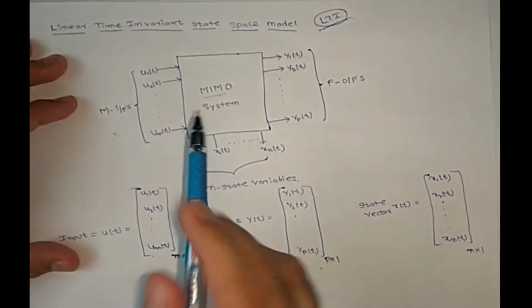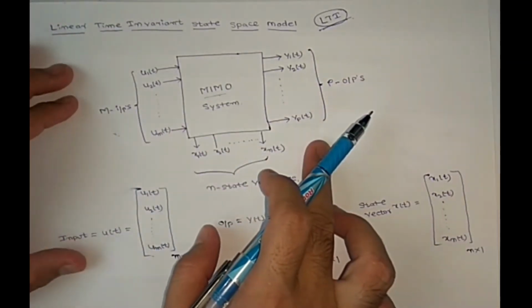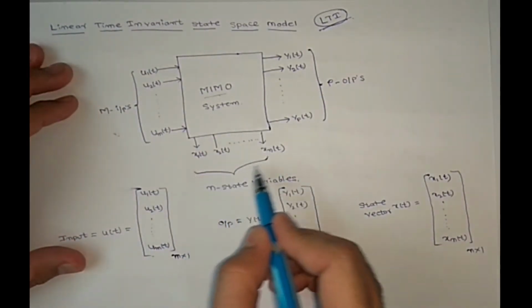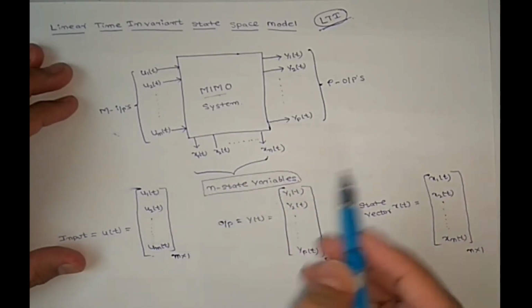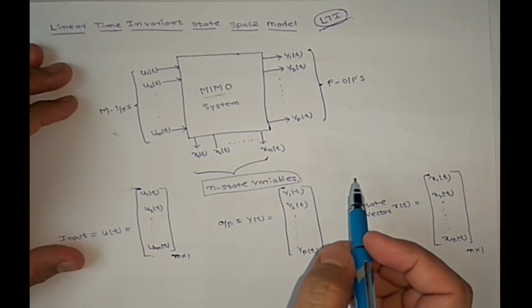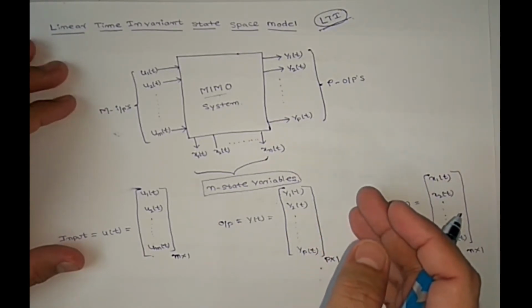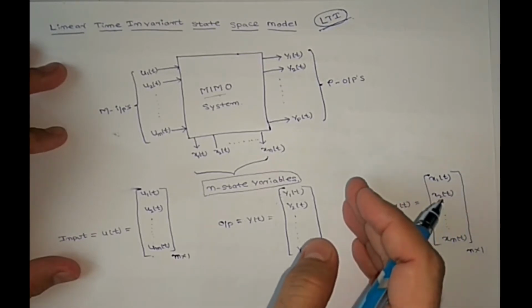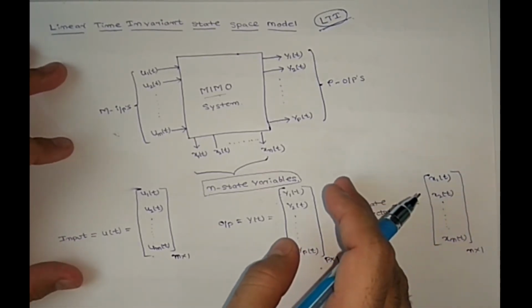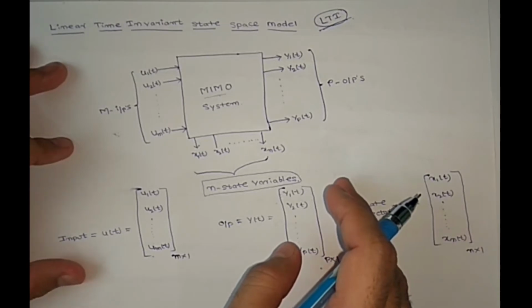But the state space model is multiple input and multiple output, and we have n state variables. We discussed what state variables are. The number of state variables equals the order of the differential equation, or in an electrical network, the number of memory storage elements.